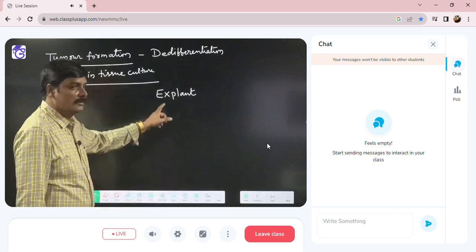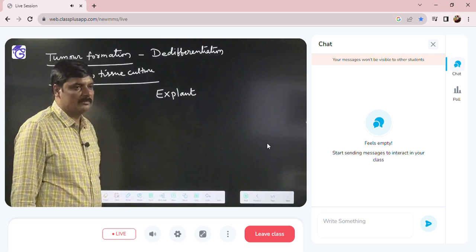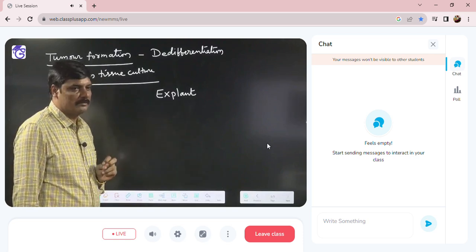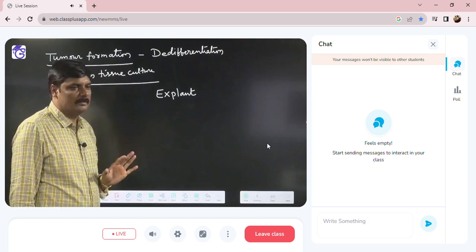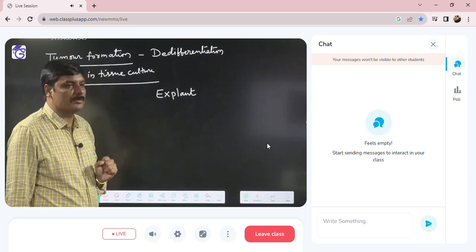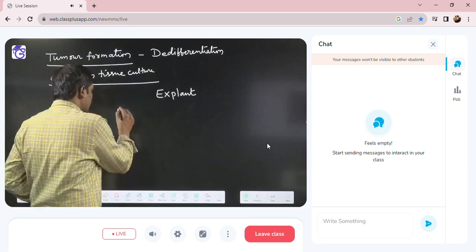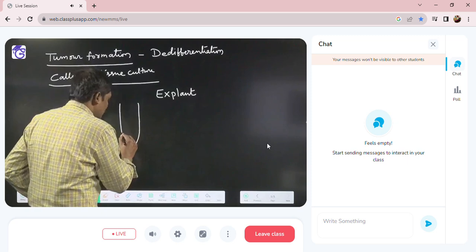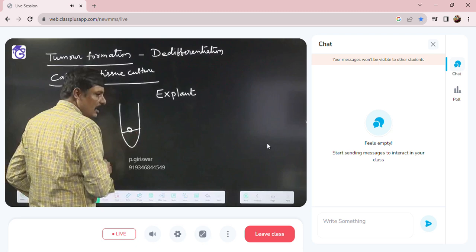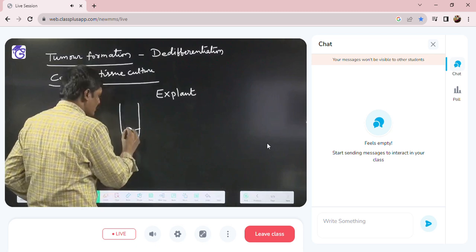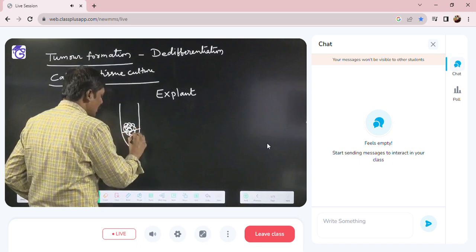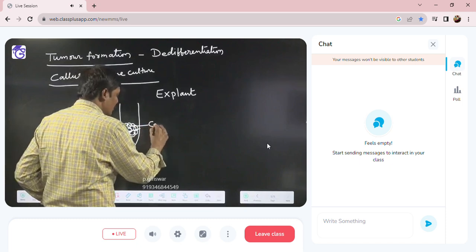Explant may be a root cell, a stem cell, or a leaf cell, any part of the plant that is generally formed by differentiation process. This explant is taken into the test tube having the medium. It is already a permanent cell, and it de-differentiates and divides to form an undifferentiated mass of tissue called callus.